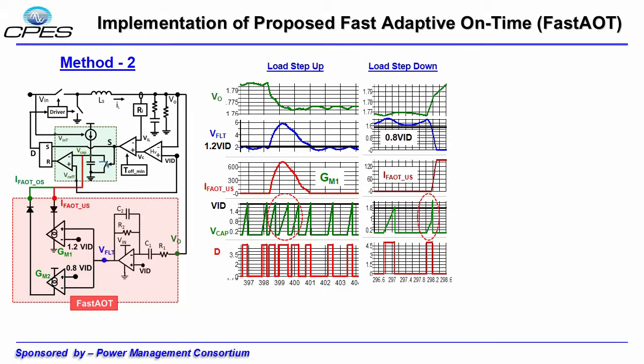In the load step up case, we subtract some current from the VC node, which makes the V cap ramp flatter and makes the T-on longer. In the other case, we add more current into the V cap node to increase the ramp and reduce the T-on. The advantage of this method is that we can set the GM of these two amplifiers separately according to our requirements.